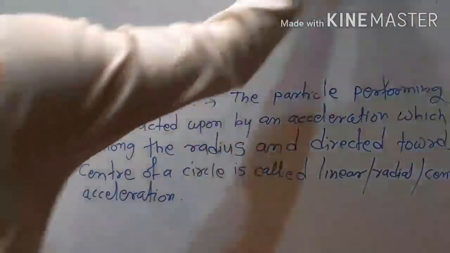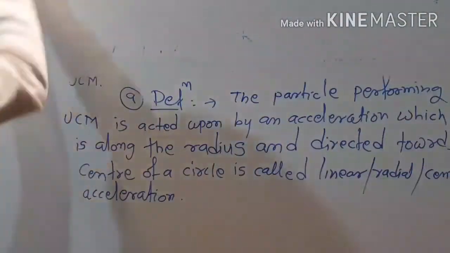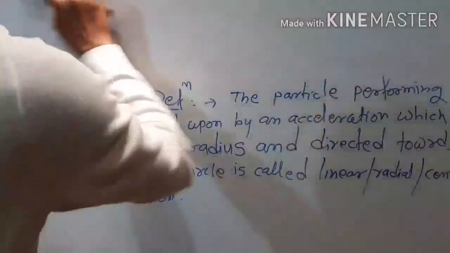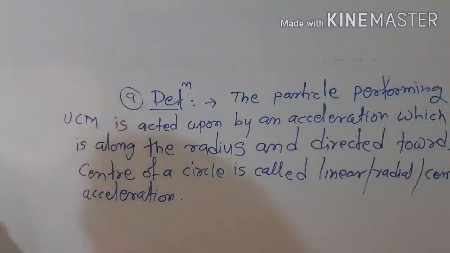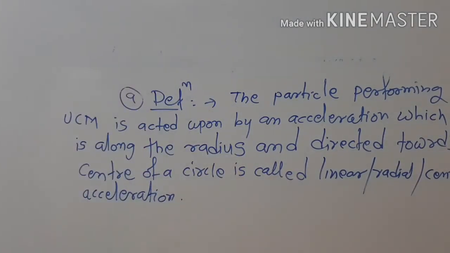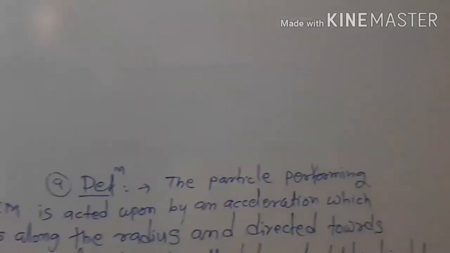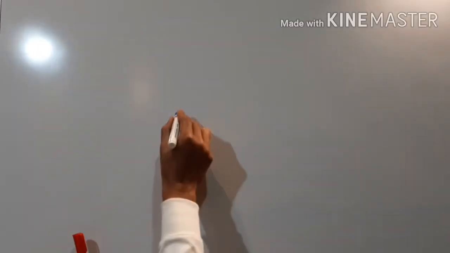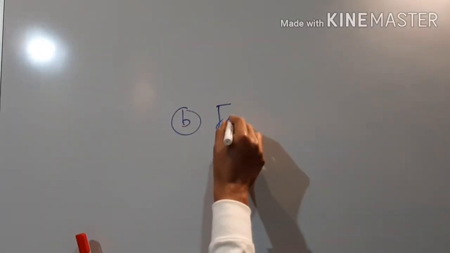Now our point B is the formula for linear, radial or centripetal acceleration. Write down the point B, formula.